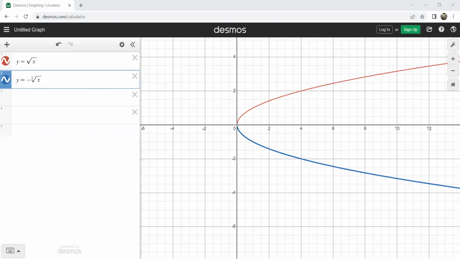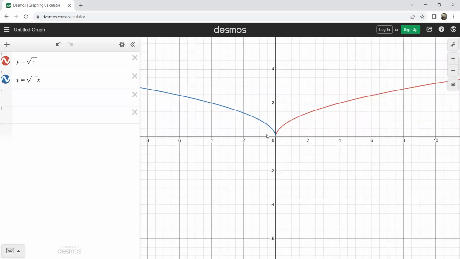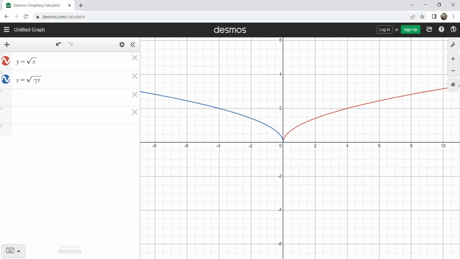Now, what if I just multiply my x by a negative sign? Wow, take a look at this. Multiplying my x inside the radical by a negative sign gives me reflection with respect to y-axis. So if I multiply my x by a negative sign, I have a reflection with respect to y-axis.